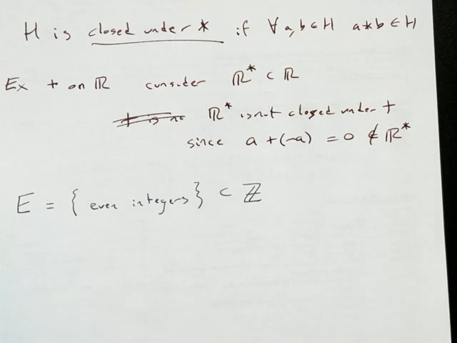The set E is the set of even integers. You had the following question as an in-class example in discrete. Is this closed under addition?